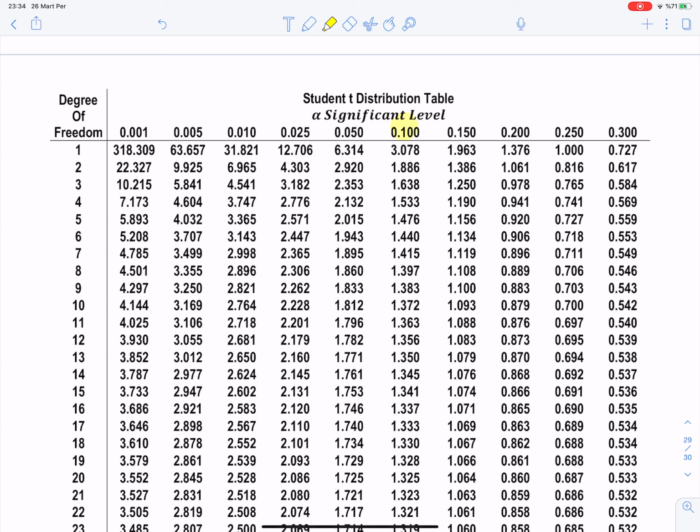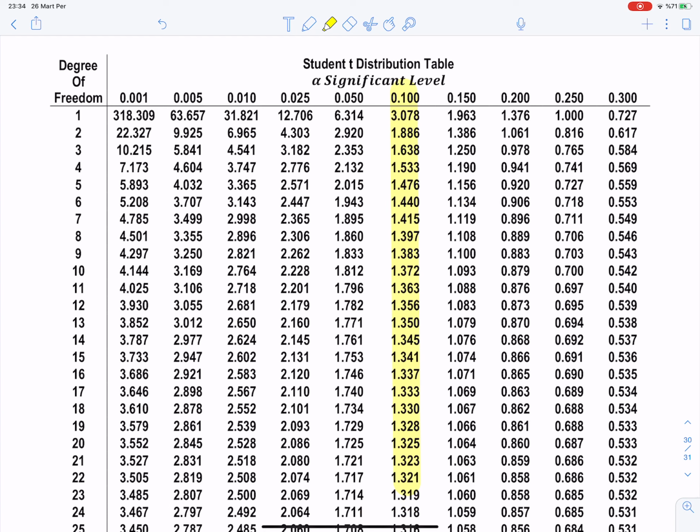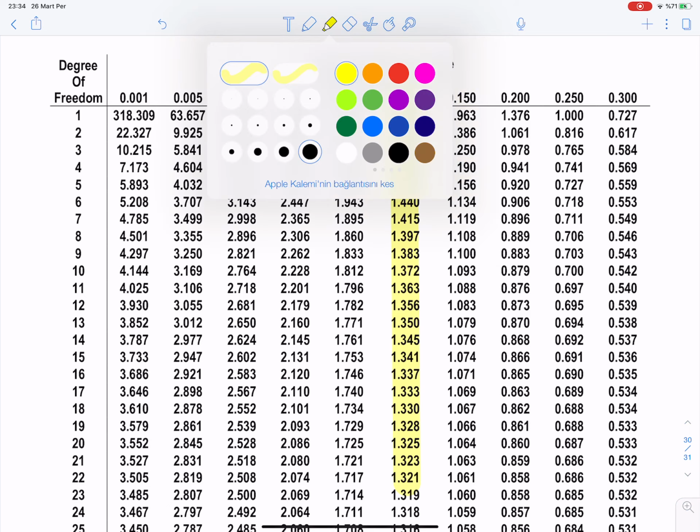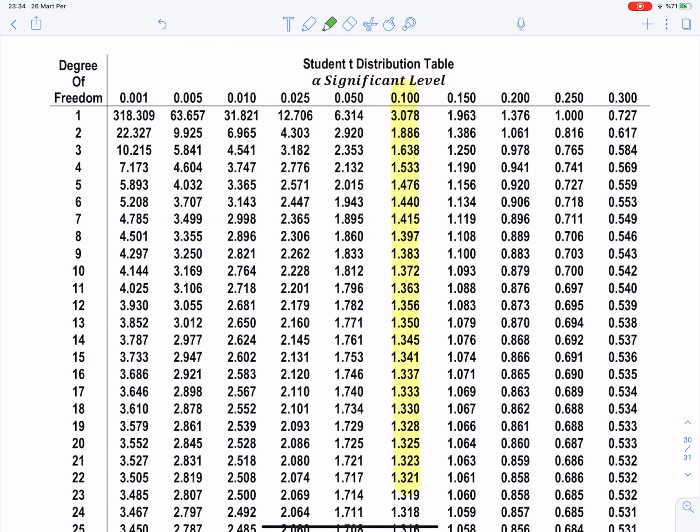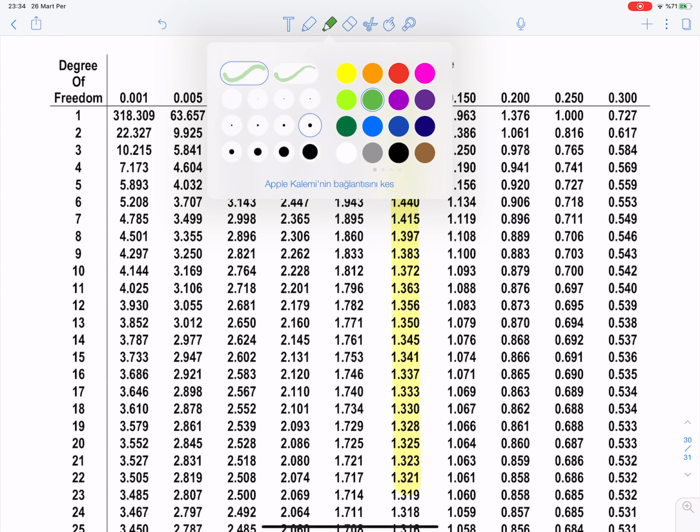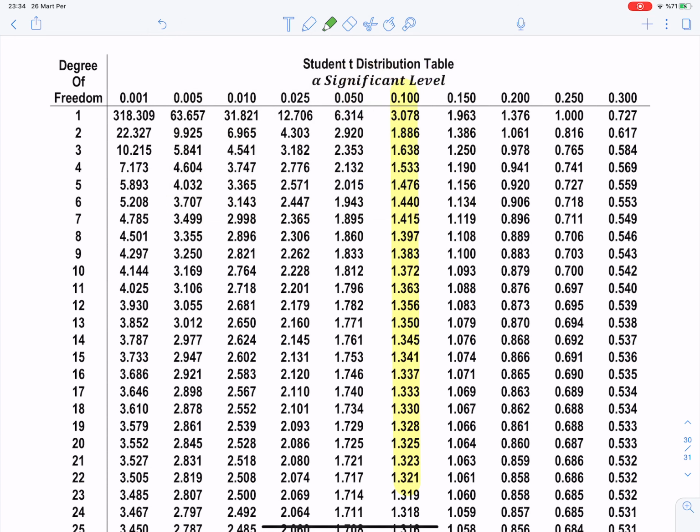So I'm gonna pick up this column, highlighting this one. Okay, and the degree of freedom is 21. So let's highlight this in a green color. Okay, let's have it. So 21 is the degree of freedom, so I need this row.